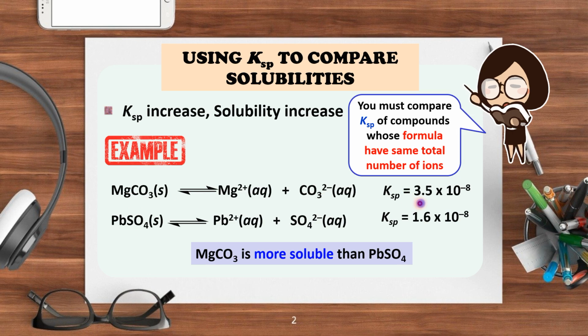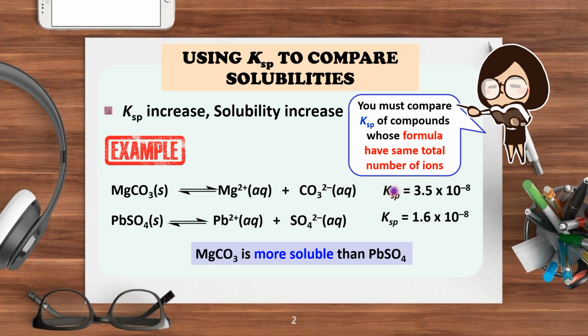So, the KSP value is 3.5 times 10 power of negative 8. Right, so the ratio here is 1 to 1. Okay, and then the second example here is lead 2 sulfate. Okay, it dissociates and becomes lead 2 ion and sulfate ion. Also ratio 1 to 1. So, the KSP value here is 1.6 times 10 power of negative 8.